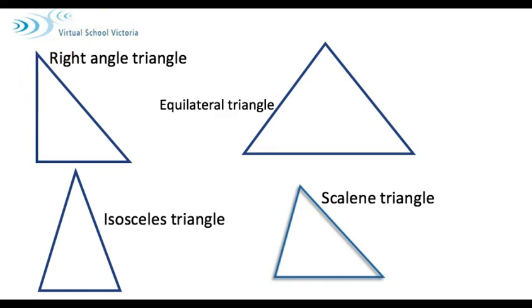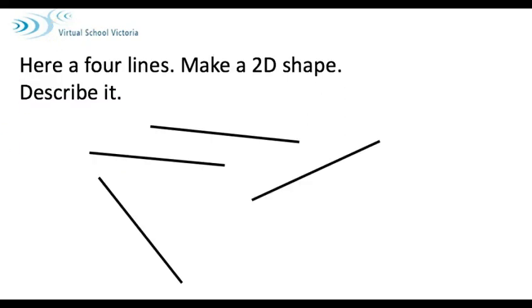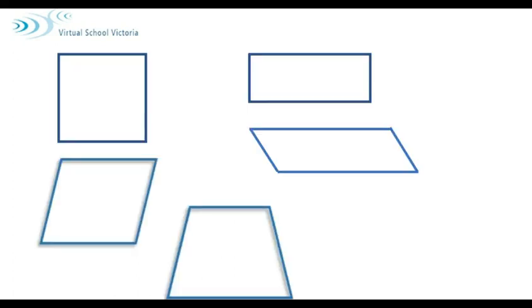If I were to give you four straight lines, what 2D shapes could you make with those? You could probably take those four straight lines and make shapes like this. They are all rectangles.